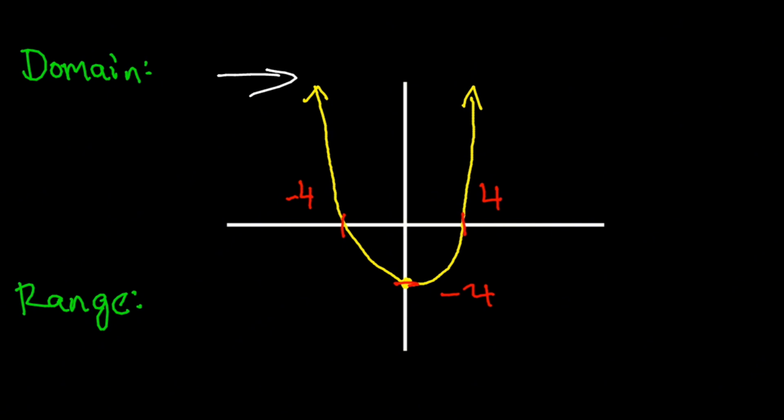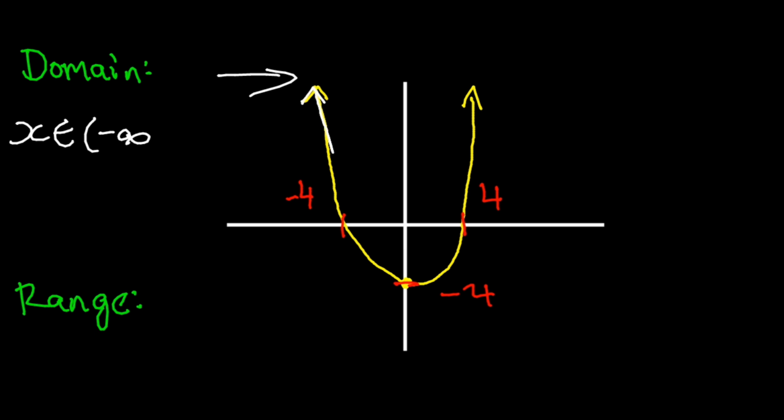So if we were to come from this way, the possible x values would be negative infinity, so x exists between negative infinity and these intercepts here, they don't really matter for this domain, so don't include them.